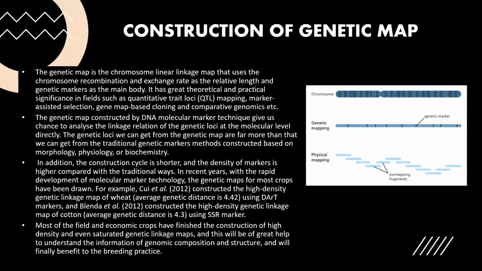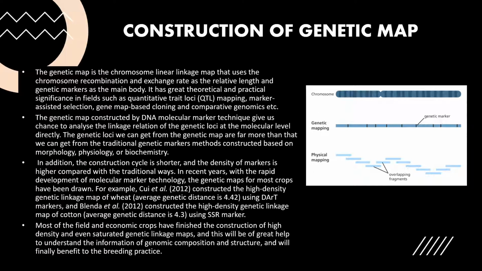Construction of genetic maps. The genetic map is the chromosome linear linkage map that uses the chromosome recombination and exchange rate as the relative length and genetic markers as the main body. The genetic map constructed by DNA molecular marker technique gives us a chance to analyze the linkage relation of the genetic loci at the molecular level.